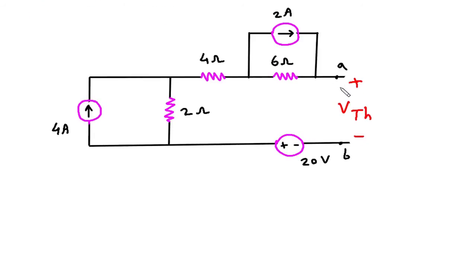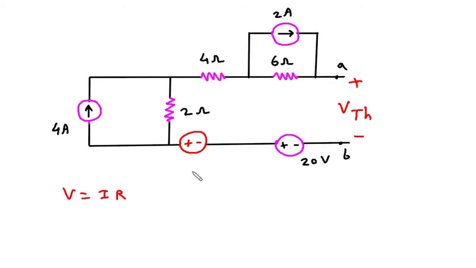Now to find VTH, we will convert this current source into its equivalent voltage source. So here this will be a voltage source, this will be positive and this will be negative. Now V is equal to I into R. I is 4 and R is 2.